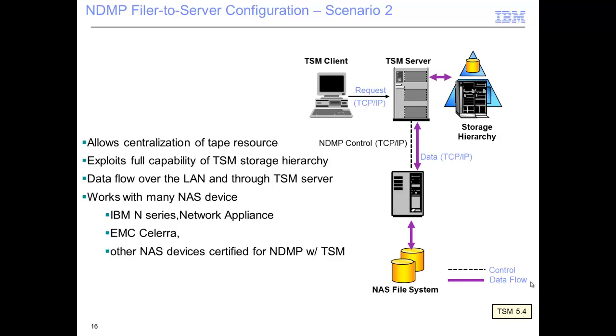And this could be any type of storage we support, whether it's disk, whether it's some type of VTL, whether it's tape. In this scenario, you have the benefit that you have additional storage supported as the backend to where you're doing your backups. The downside is that you do have to send the data across the network and through the TSM server, so you're going to have extra network traffic and you're going to have extra overhead on the TSM server.